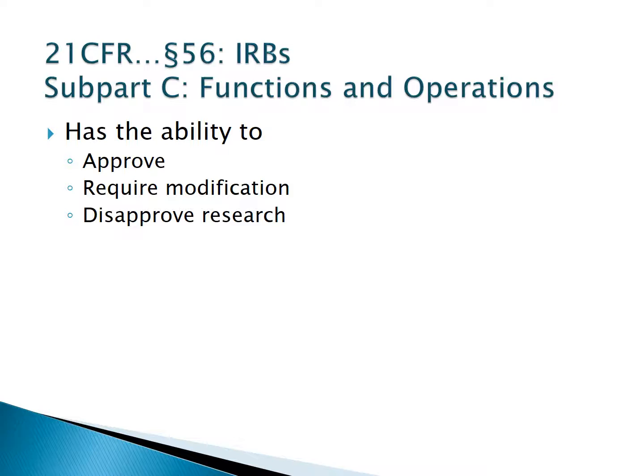By and large, require modification is typically the very first common response. Disapprove is pretty unlikely because most people involved, sponsors and investigators, know how to write a clinical research protocol. So typically just a flat out disapproval is really uncommon.